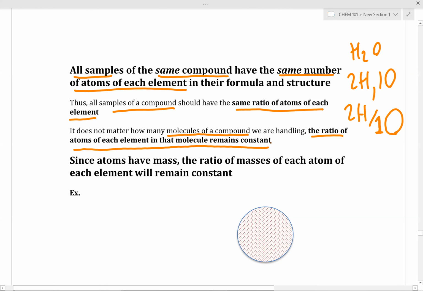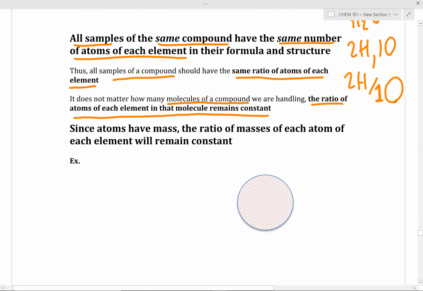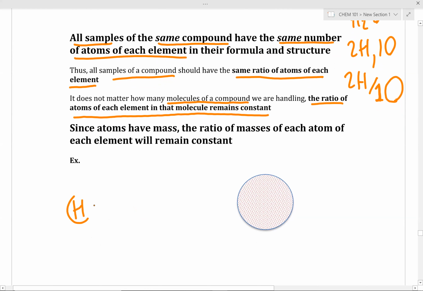Now, let's put this all together, and let's draw out our water molecule that we've been focusing on. So, suppose we're looking at 1 water molecule. We have 2 hydrogens per every 1 oxygen.